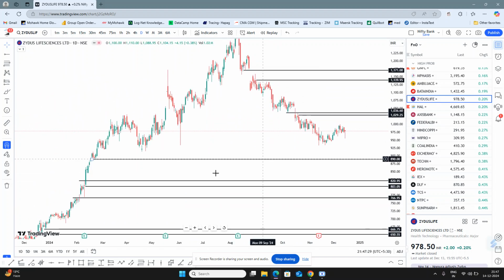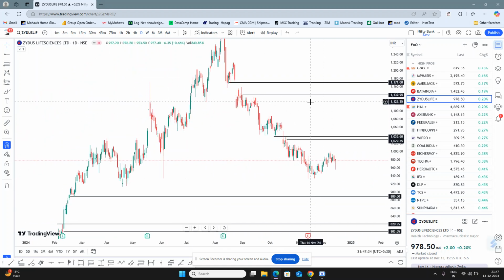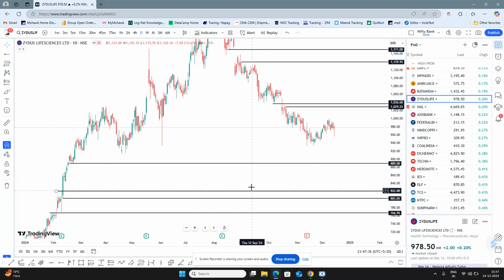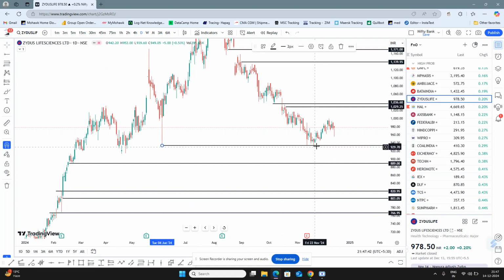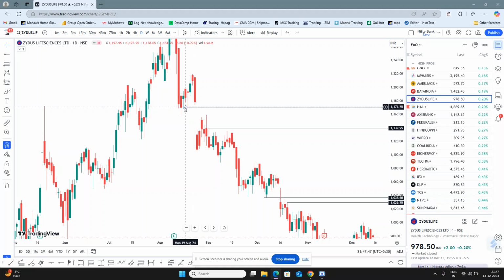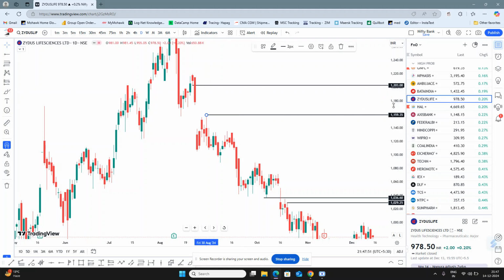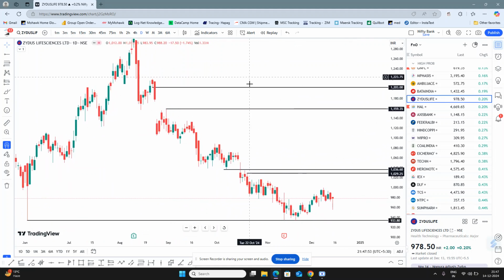Let's move it to daily. Will we be more interested in selling it when it comes up or buying it when it comes down? For now, it has taken support from this electric candle. Now we take it to a better place. This zone, it will come here and we have to short it.